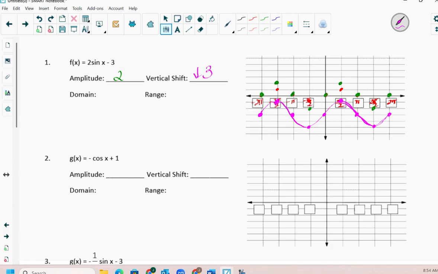Domain and range, domain all real numbers. Range, it looks like -5 to -1. If I asked you where's the midline on this graph, what would you tell me? -3, yep, okay.